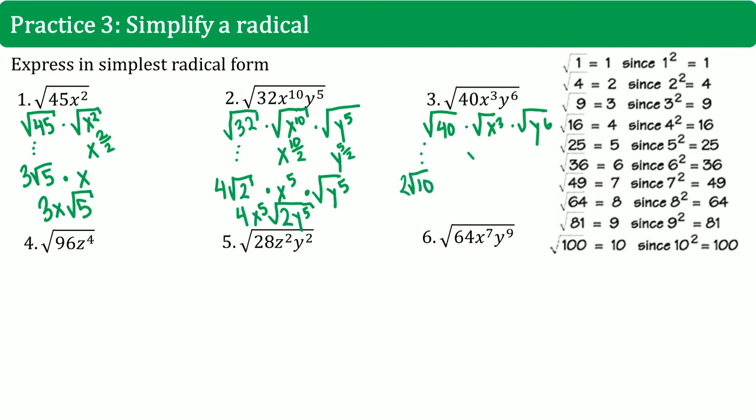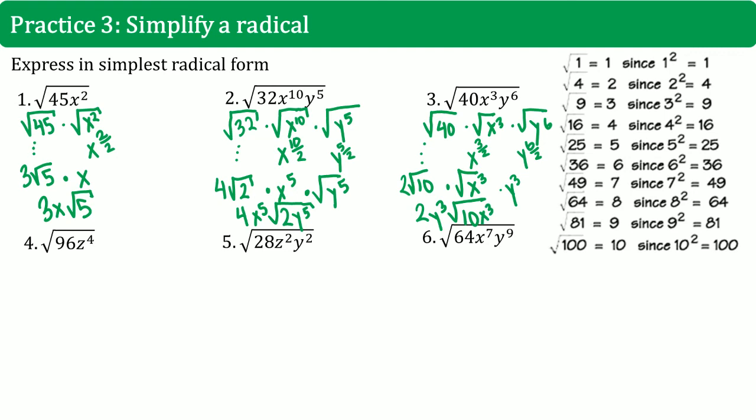We saw this x cubed divided by 2. So we can't really do anything, so we leave that the same. y to the 6 divided by 2, oh, that becomes y to the 3rd power. So we can combine this: 2y cubed radical 10 x cubed.